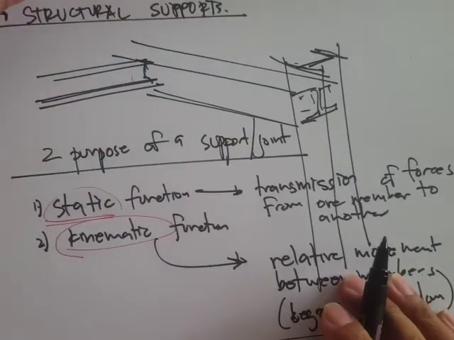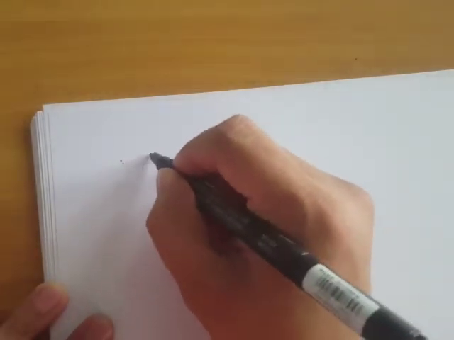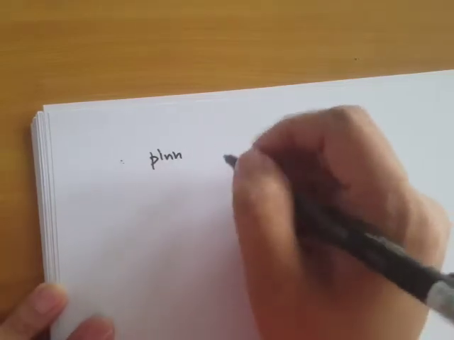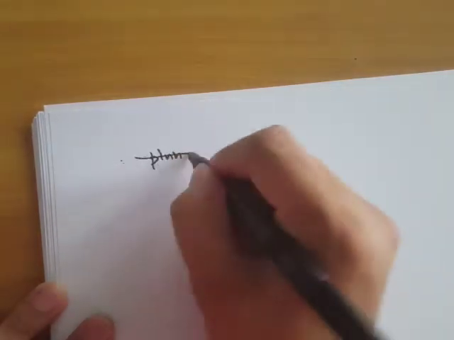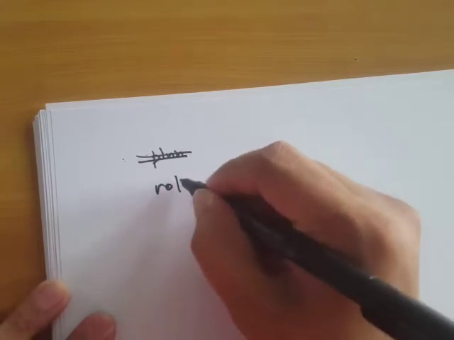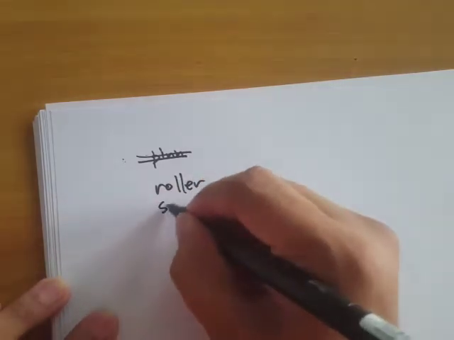Okay, so we have three types of supports that are common, although various support models are enumerated in, let's say, statics textbooks, and they also include three-dimensional structures. So for us here, we'll only consider three types. Number one, we'll start with the roller support.